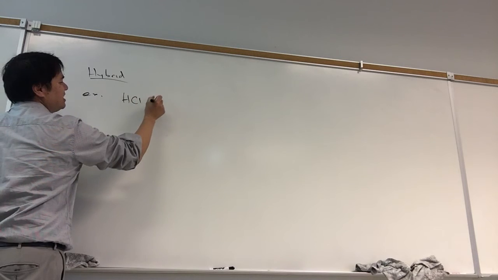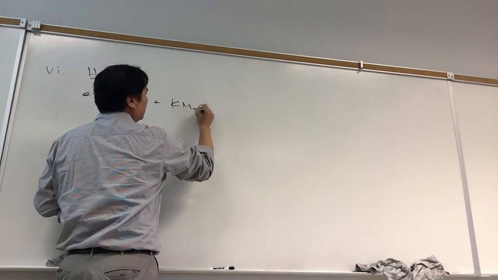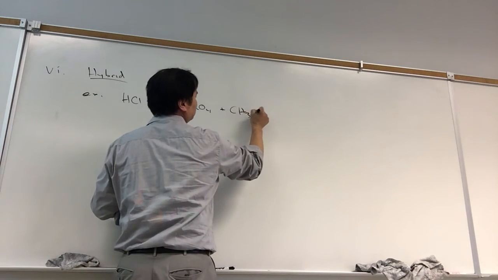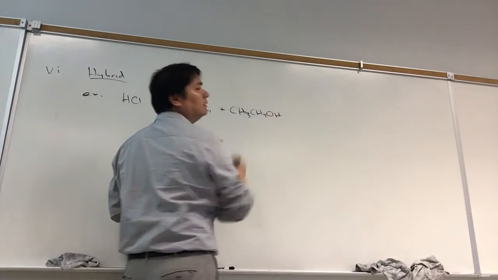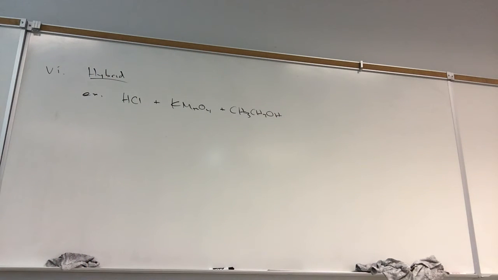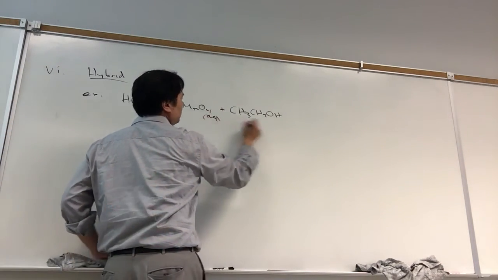An example might be: I'm going to take some HCl plus potassium permanganate plus ethanol. Ethanol is very soluble in water, so all these species are aq, but just to emphasize, I'll write aq this time.